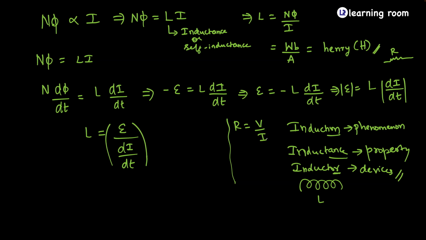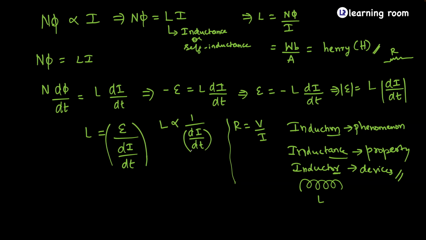In a similar way, if I look at inductance and di by dt, inductance is inversely proportional to di by dt. So what does an inductor do? The inductor will oppose the rate of change of current. The resistor will oppose the flow of current. The inductor will oppose the rate of change of current. It will not allow the current to change.